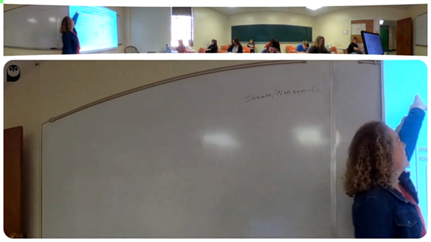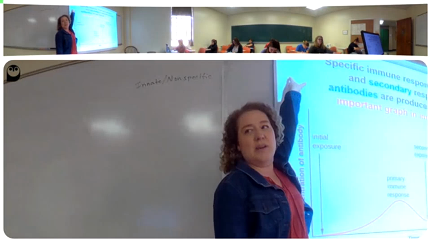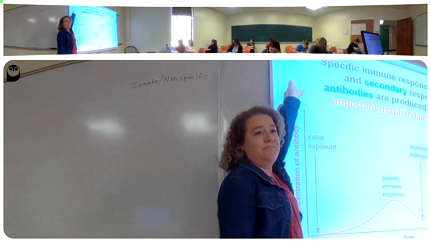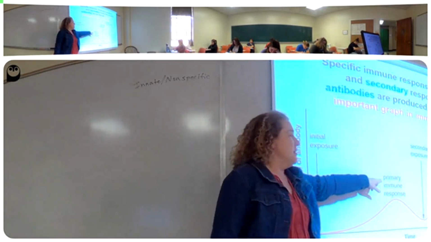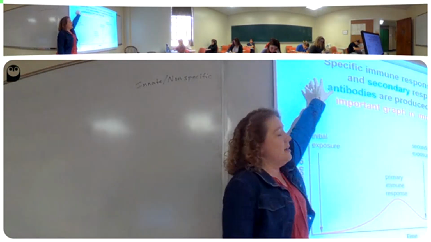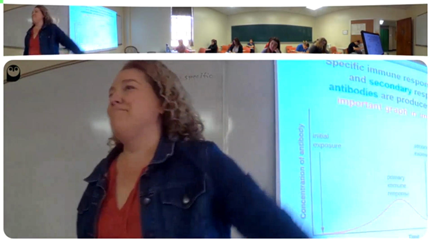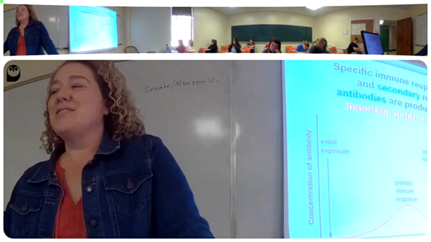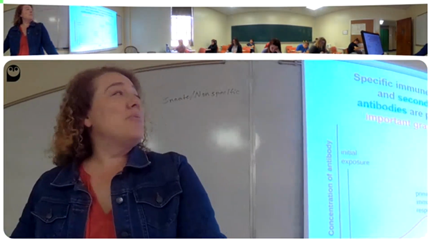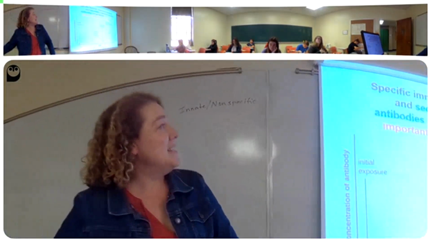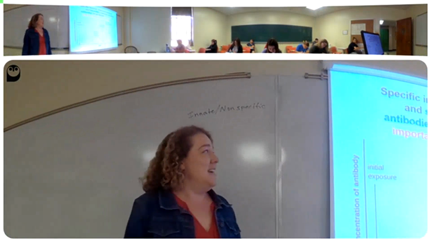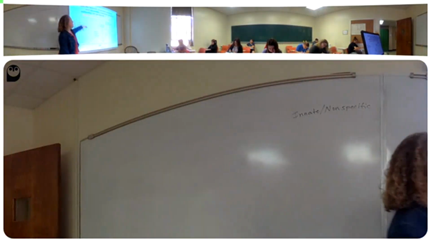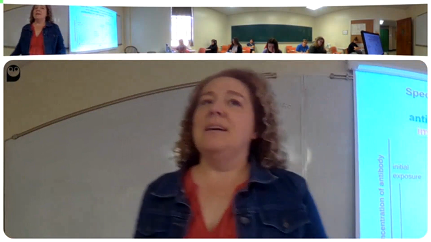There should be a word right here, primary, in this space. So I messed up making the slides. It should say result in primary and secondary responses. And then your third blank is the word antibodies.